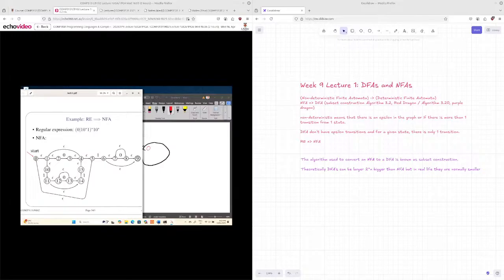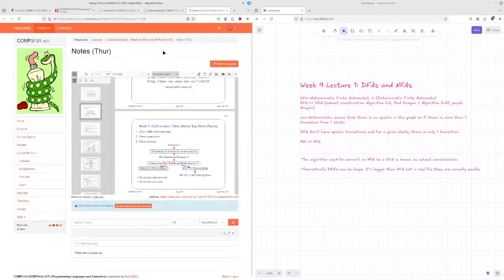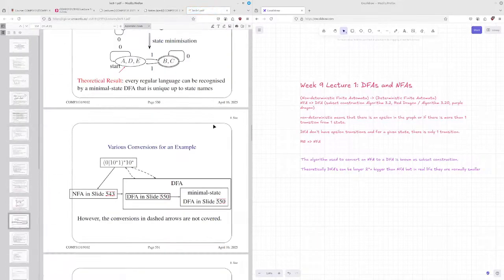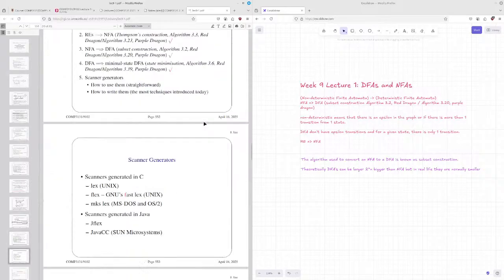The machine can be at 0. You can also choose to move to 1. You can also choose to move to 4. Once it's at 4, you can move to 5, you can move to 10, and you can also move to 5 from here. So essentially the machine can be in any of those states without reading anything from the input.